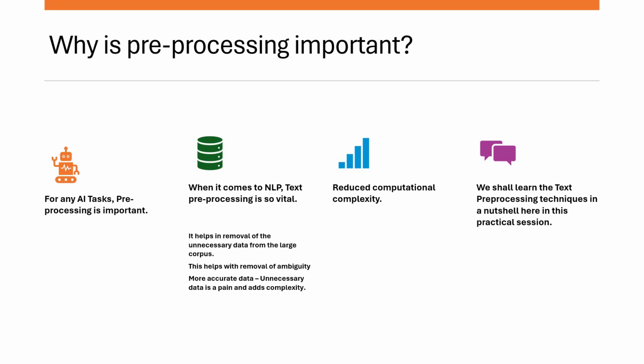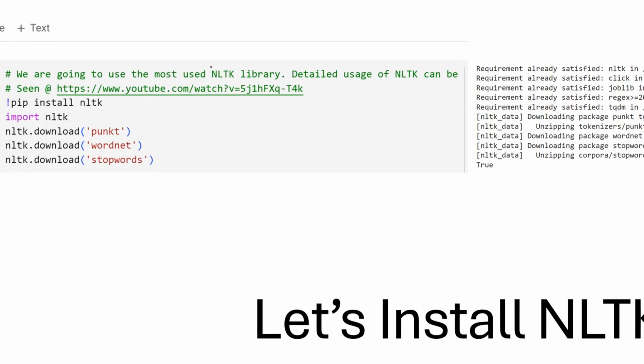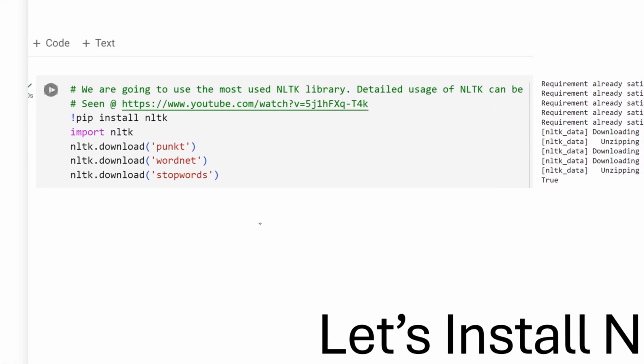We are going to learn the simplest of the text pre-processing techniques, and it's going to be really helpful. You can try it out yourself with Google Colab, and that's pretty easy for you. Let's go ahead with it. First, we have to install the NLTK toolkit, which is the Natural Language Toolkit, and it can be installed in one go. You can see that I have installed it with 5 lines of code, and additional packages have been downloaded that will help you at a later point in time.